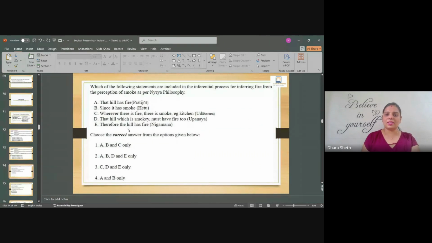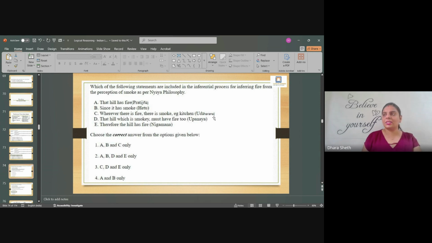Another question was where we talked that for the inferential process, for inferring fire from the perception of smoke, which of the following statements are essential? So 1, 2, A, B, D, and E are essential. Udaharan is not important in the inferential process.